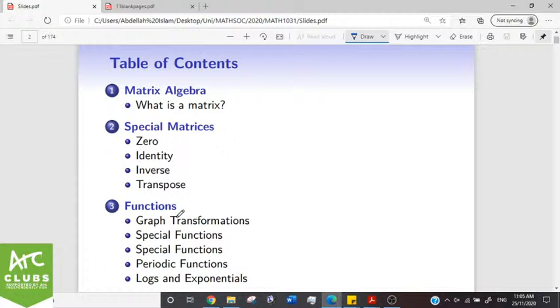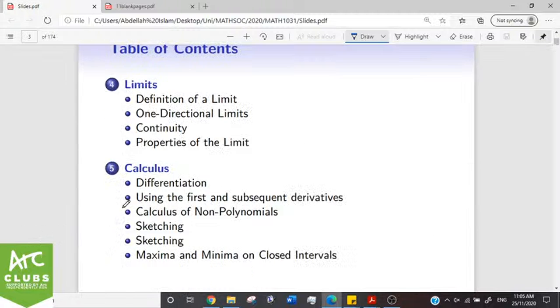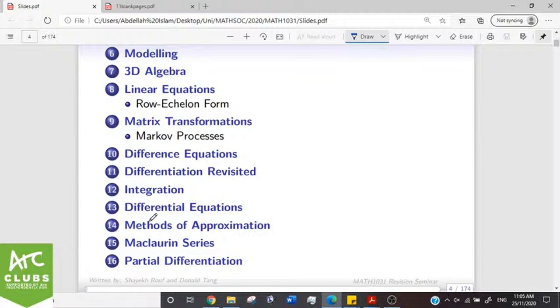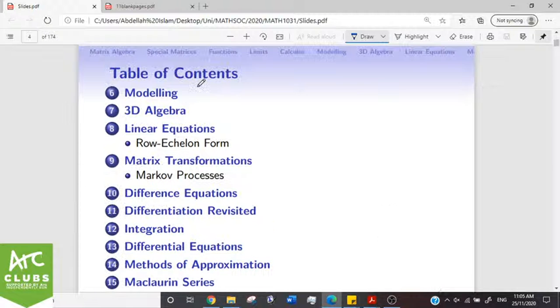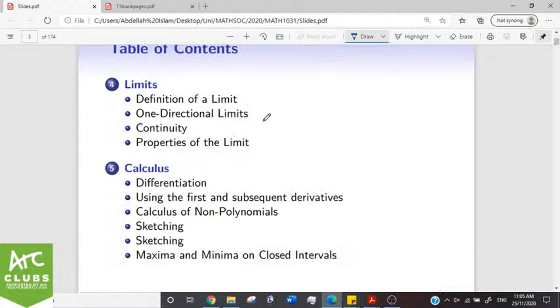First thing to note is that this course is packed with content. It's crazy how much content there is. In this small 3-hour time slot, we have to get through as much of it as we can. So I'm going to be doing a lot of examples to get you ready for the exam, speeding through examples, showing some tips.